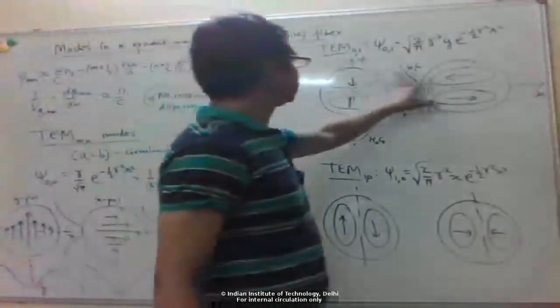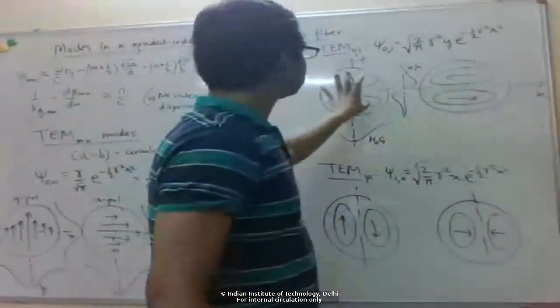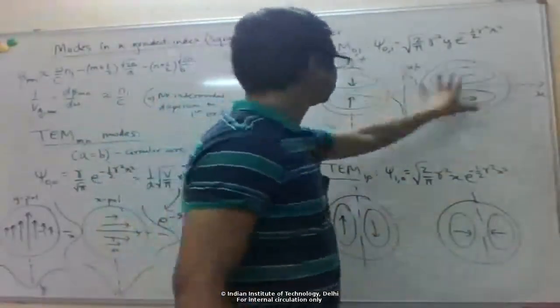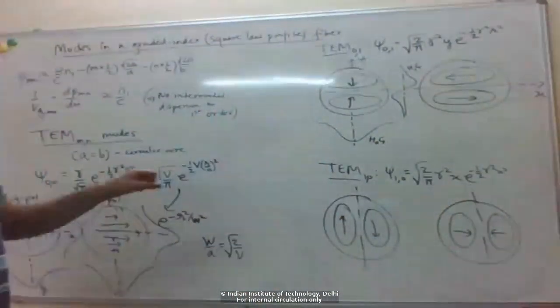Right, so now you can see these look like sort of like the LP11 modes, right, which had fourfold degeneracy. These four modes look like the four degenerate modes for LP11.